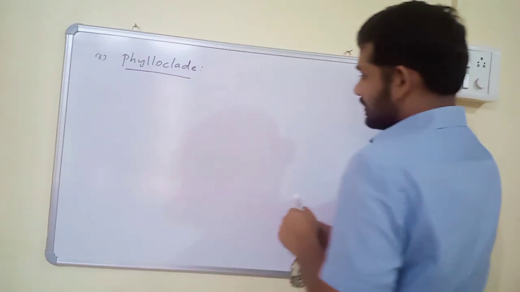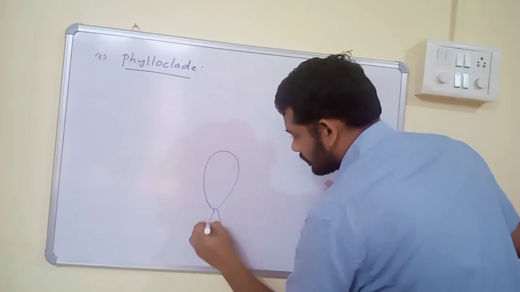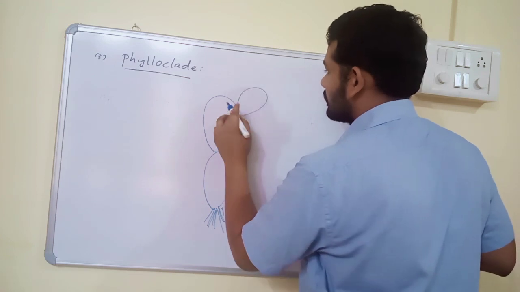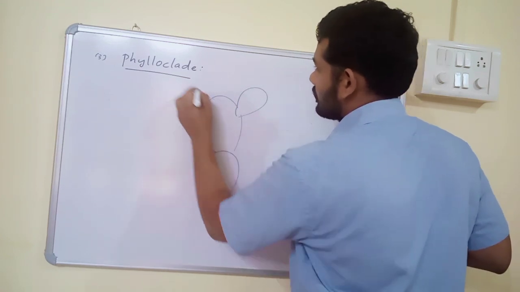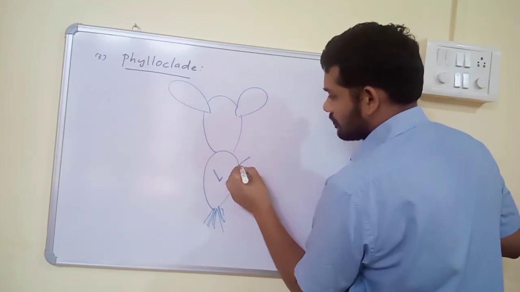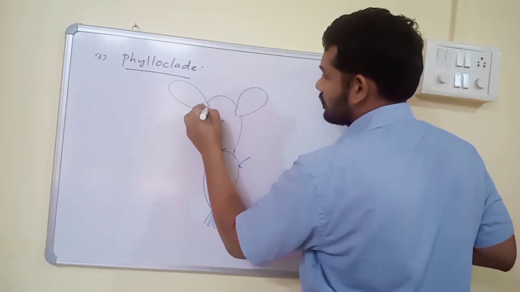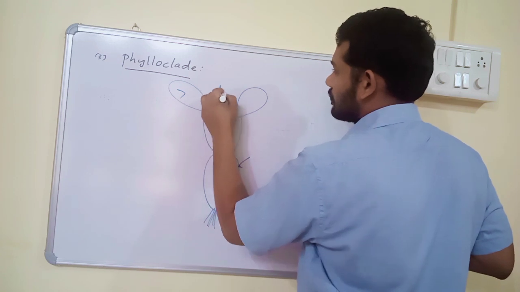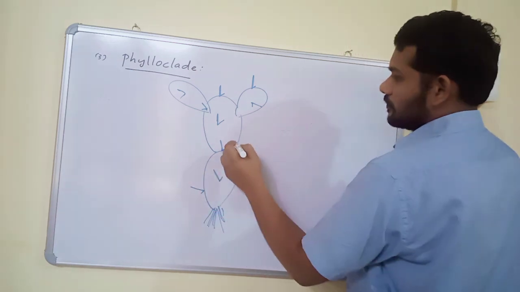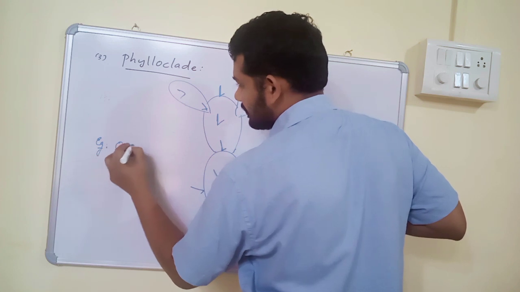The next aerial stem modification is phylloclade. Example, Opuntia.